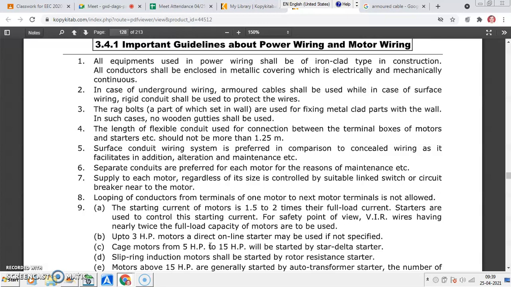But looping from one motor to the next motor should not be done, similar to residential wiring, because this may cause different sizes of cables, and you may have problems in the protection system also. So looping of conductors from the terminal of one motor to another motor terminal, especially in a power circuit, is not allowed.